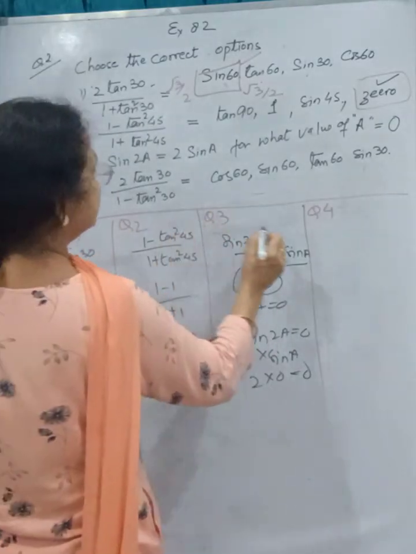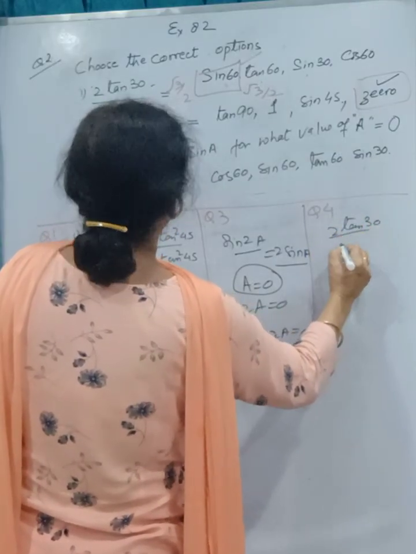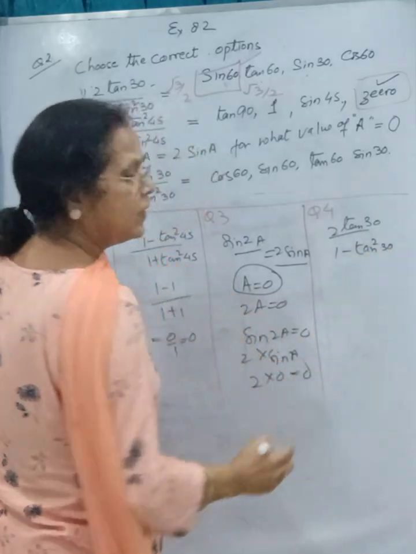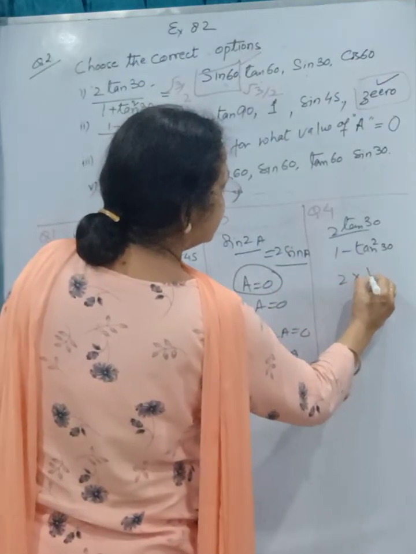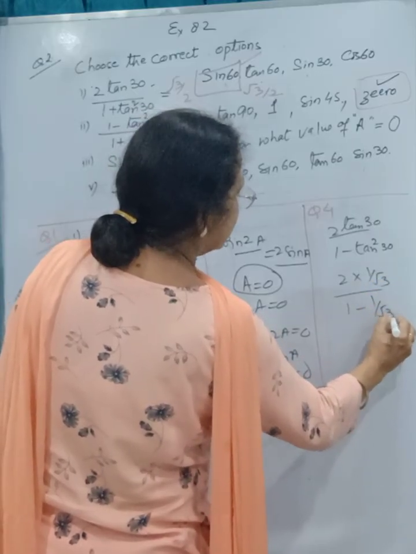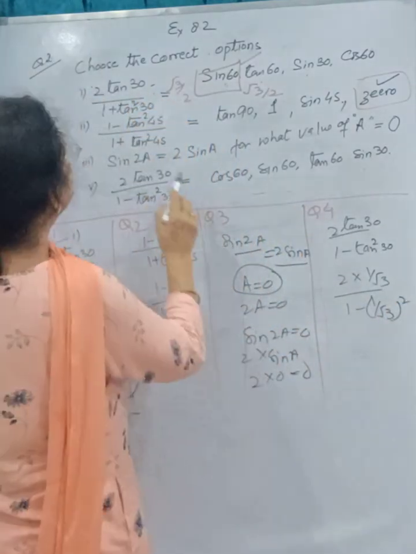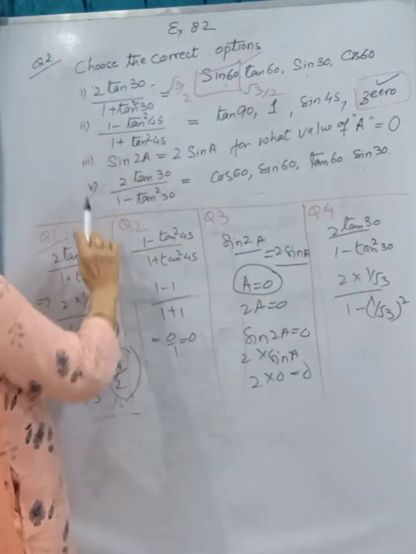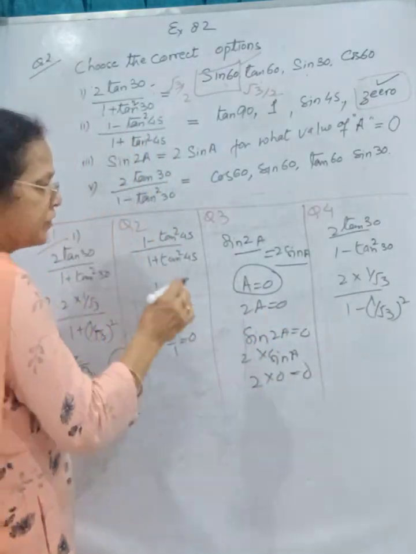Now the fourth one. Fourth one is 2 tan 30 upon 1 minus tan 30 square. Tan 30 is equal to 1 upon root 3. So this is 2 into 1 upon root 3 upon 1 minus 1 upon root 3 square. This is the same as we have done previously in the first case. But the difference is that there we had the positive tan square in the denominator, while here it is with a negative sign, 1 upon root 3.